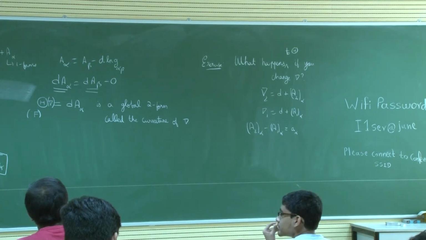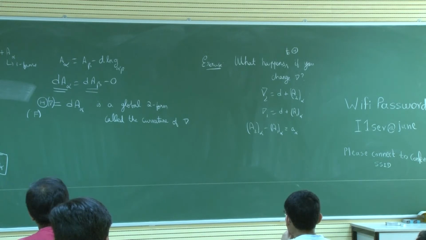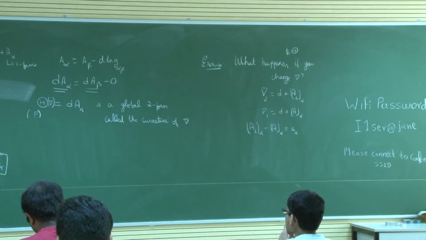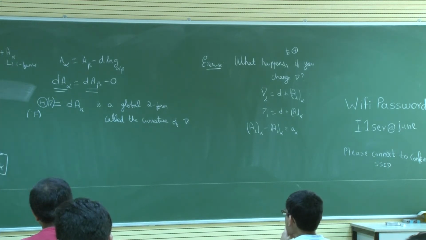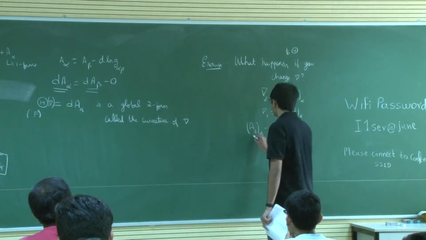Okay, what happens when you change your trivialization, when you change alpha to beta? What happens to the small a_alpha? How does it change? Well, let's see how it changes. What's this?